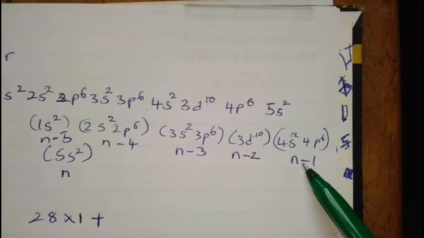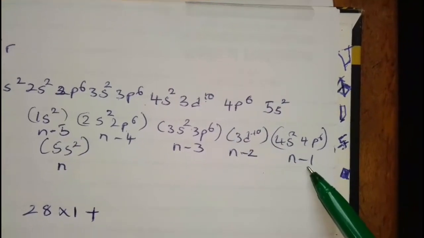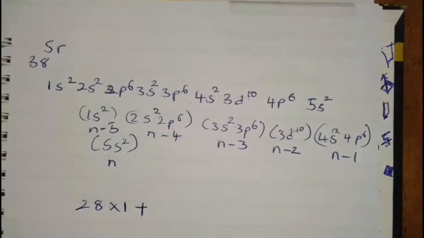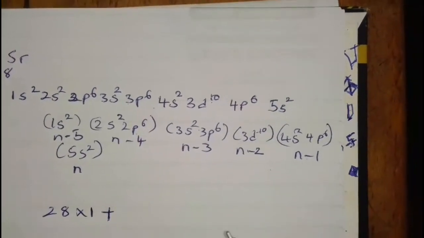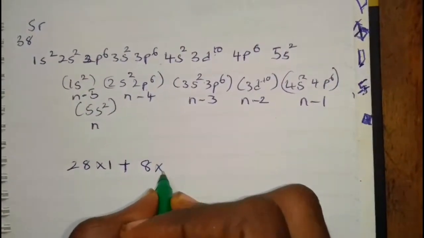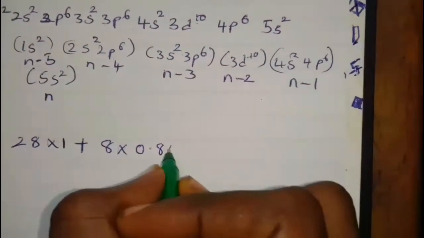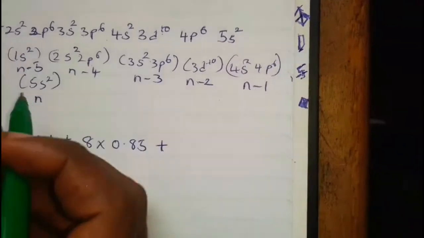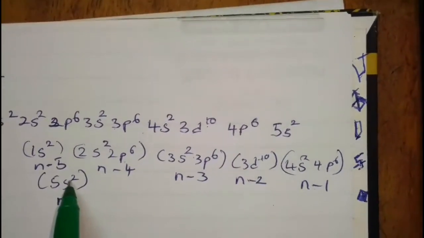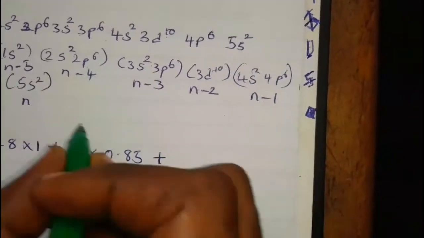Plus, it now remains this one and this one. So this one falls in n minus 1 for the s and p, and from the table it says anyone that falls in s and p will experience 0.85. So this one will just be 8 times 0.85, plus, you know that this one is the main shell, so there will be a reduction, so this one will just turn to 1.